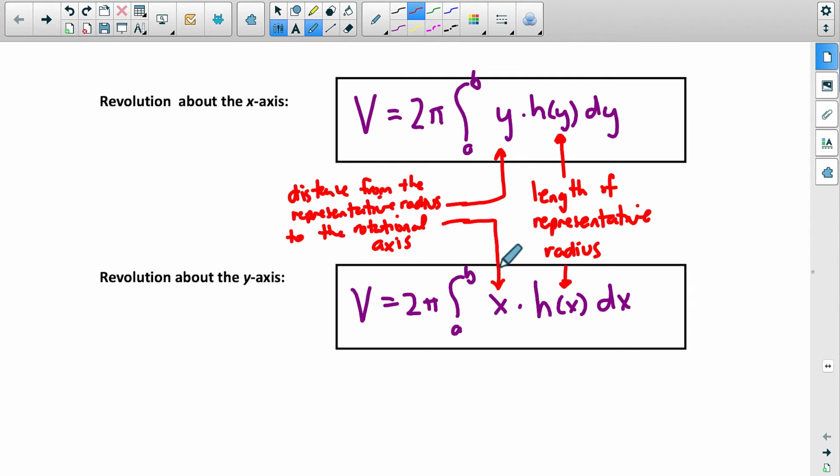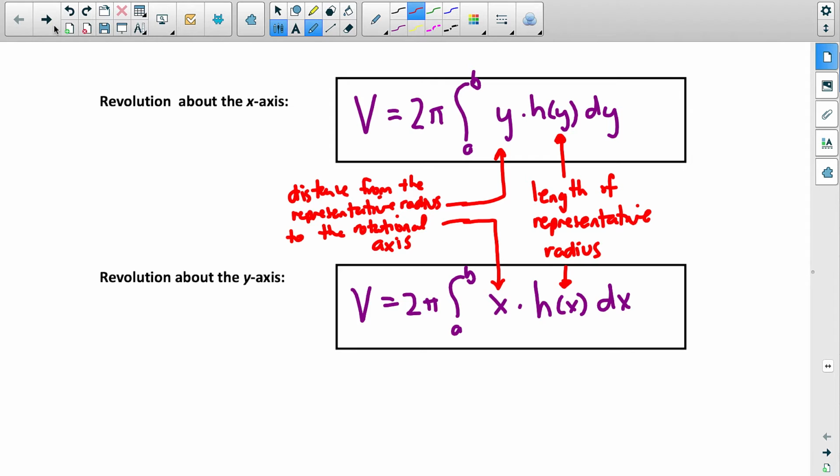And we're just going to have it be x and y, because I'm going to make sure it's always rotated around the x-axis or the y-axis. If it wasn't, and I'm sure you'll do questions like that at university, it would be a little more difficult. You might have to subtract some amount. Like if it was rotated around the line y equals 1, you might have to subtract 1 or add 1. Anyway, we're just giving you a gentle introduction this year. So we're always going to call this y, and this x, but what those actually refer to is the distance of the representative radius to the rotational axis.